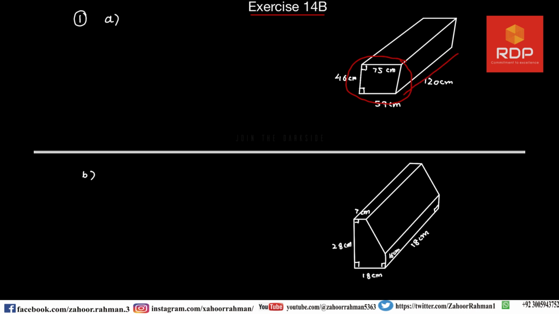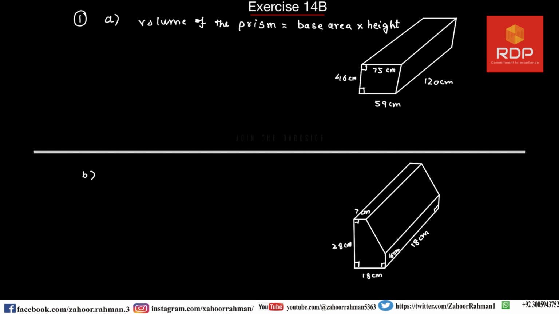So let us first calculate the base area. First of all, let us write that we are finding the volume of the prism. And as I told you, you have to remember this formula: first you determine the base area and then multiply it with the height.